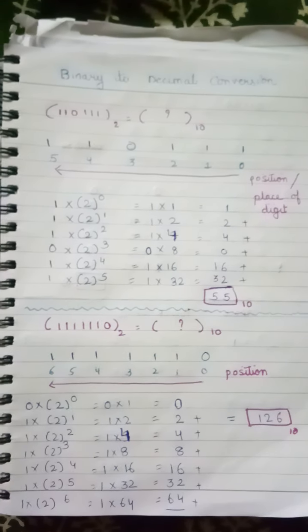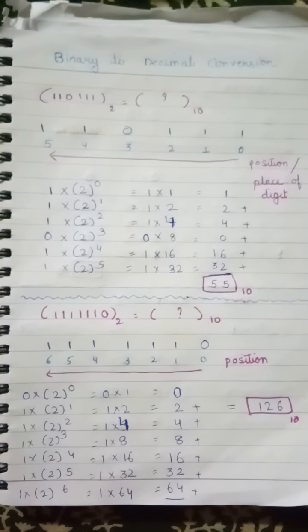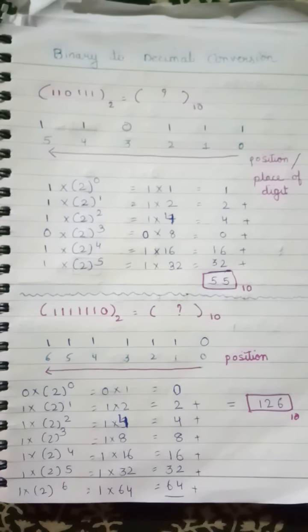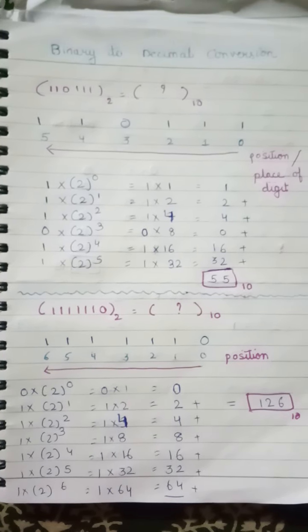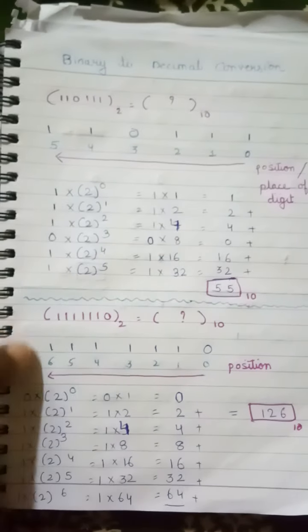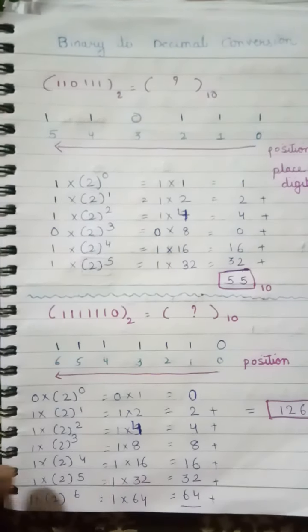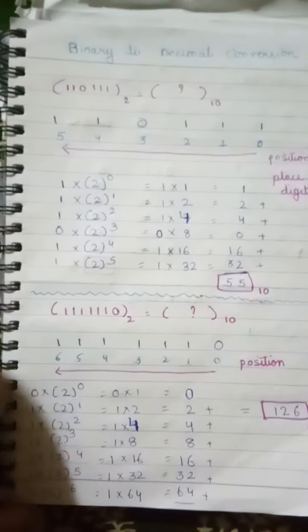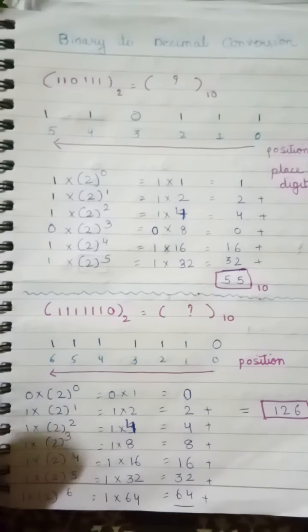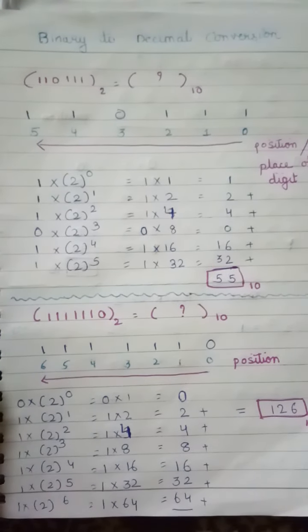Now the second sum I have also done in the same method, where you can see I have given the positions and written down the number. Then, as I told you, from the backward direction I write down the digits, a 0 and then six 1s. Then I do the same thing as here: 2 raised to 0, 2 raised to 1, and so on, and I calculate the values.